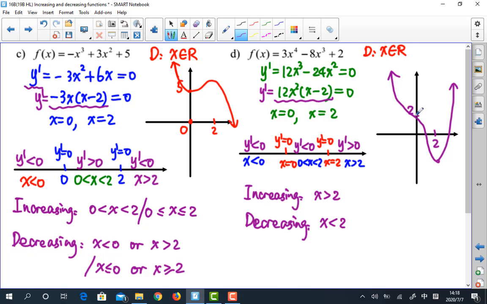Of course, for these two properties, we need more calculus knowledge in order to help us understand why we can have those features on the graph later on. But the trend must be correct. So x is less than 2, decreasing. X is greater than 2, increasing. You can use your graphing calculator to check the trends right now.